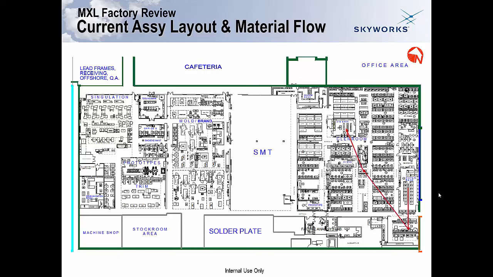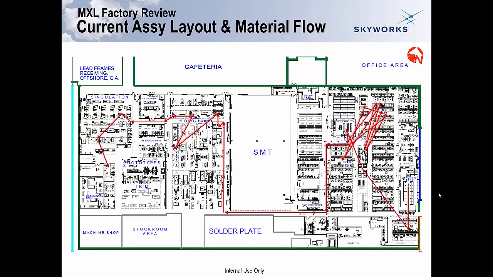You can see the red arrow moving. That is the path that the material moved through the factory before we made any improvements. You can see already that there are probably some areas for improvement, as we had a lot of movement over on the right of the slide, going back and forth throughout.